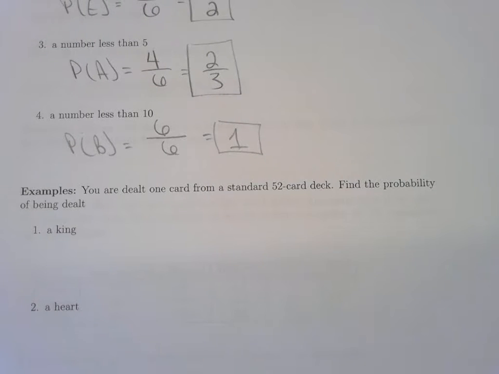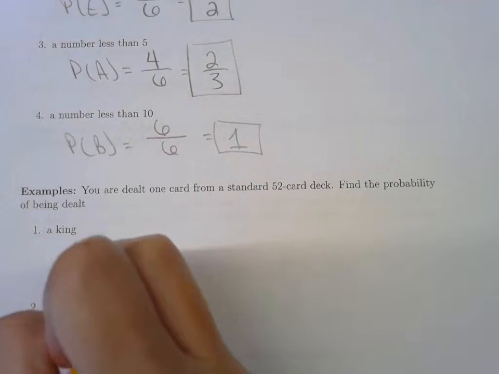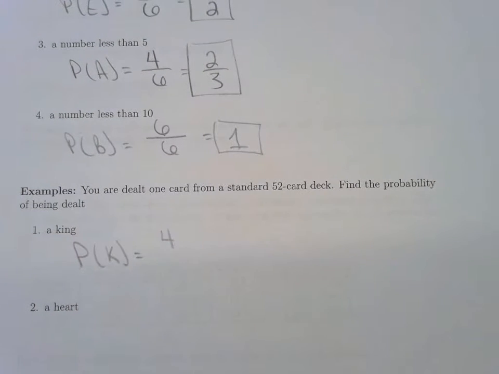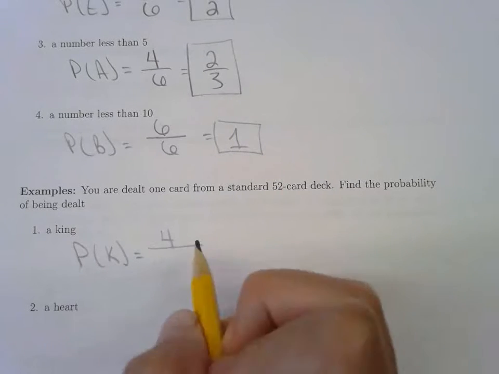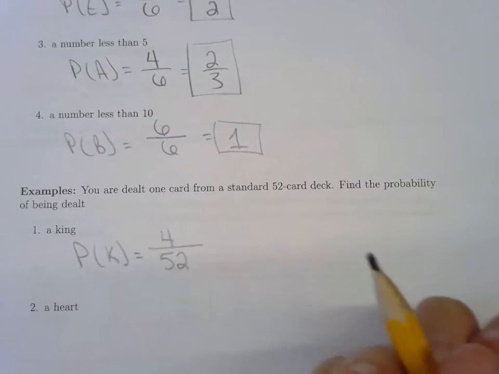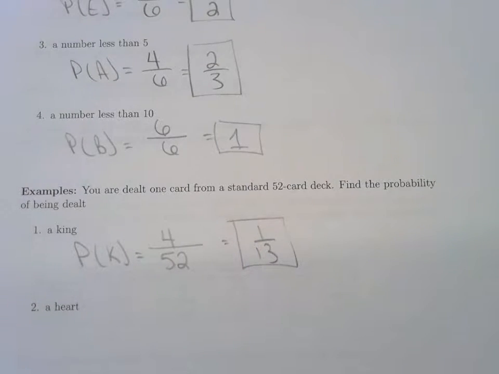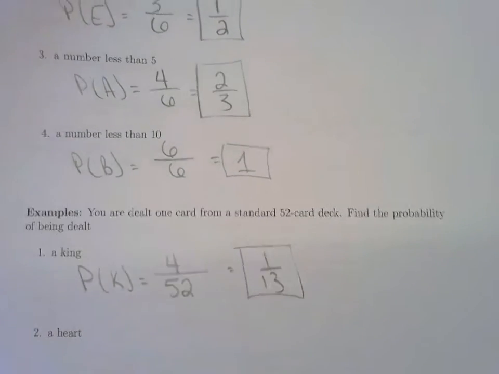So we want to do number 1, the probability of a king. We have to think how many kings are there. There are 4: the king of hearts, the king of spades, king of diamonds, and king of clubs, out of 52 cards total. That actually reduces to 1 over 13. Number 2, a heart.